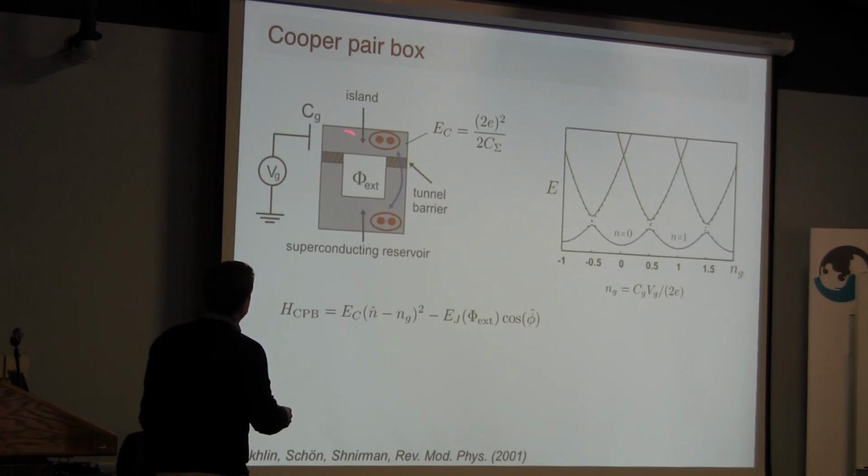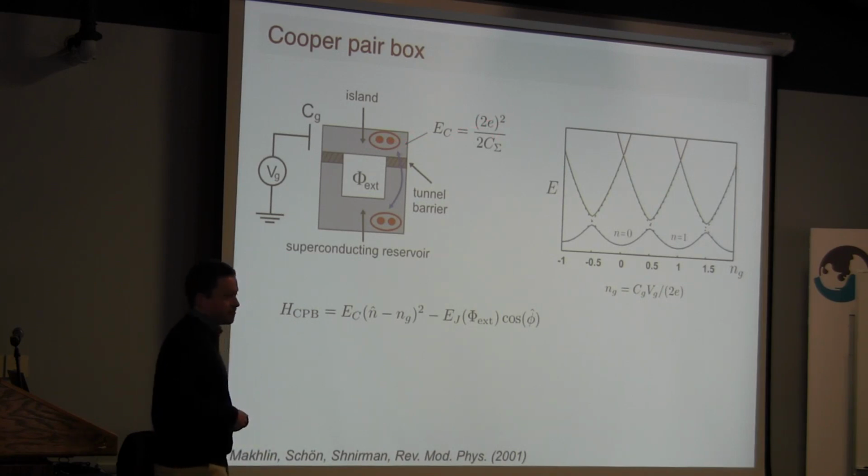If you remember Steve Girvin's lecture, what I'm considering here is just a superconducting reservoir coupled to a superconducting island by a tunnel barrier. Cooper pairs can tunnel back and forth over this barrier, and if a Cooper pair is on this small island, it will have electrostatic energy. It costs energy, which is essentially the charge of the Cooper pair squared over the total capacitance.